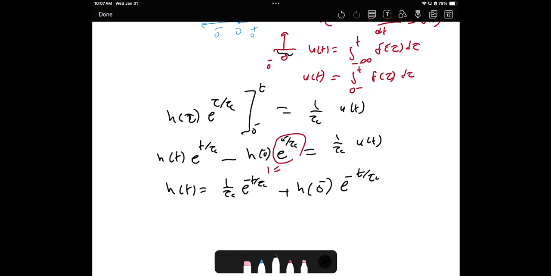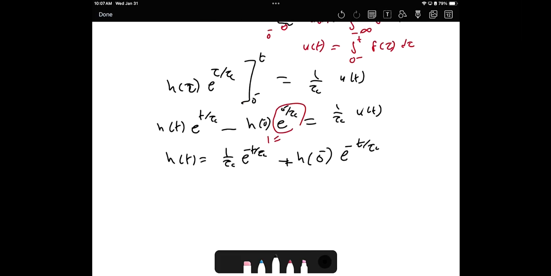I forgot the negative sign before. Now, that's the overall function. That's the impulse response, and that's h of t, the output.